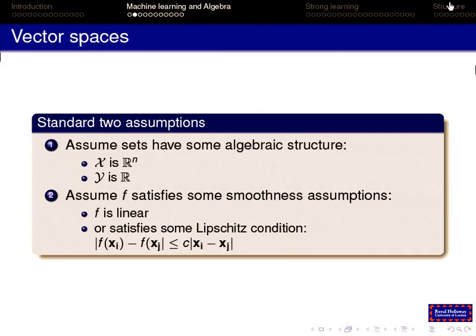You can only do some learning when you assume that these spaces have some sort of algebraic structure. So you have to make an assumption that they have some algebraic structure, and people often assume it's essentially a vector space. And then in addition, you assume that the things you're learning are well behaved with respect to that algebraic structure. So you might assume maybe that f is linear, or it satisfies some kind of smoothness condition like that. And if we have these two things, then we can do some learning.